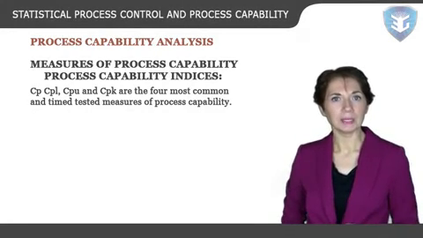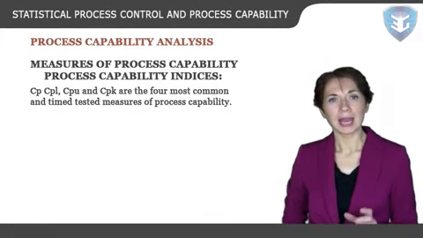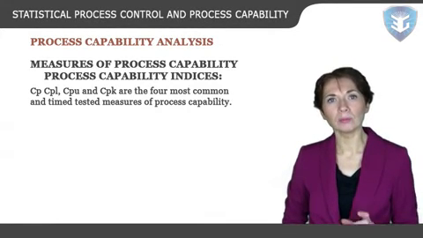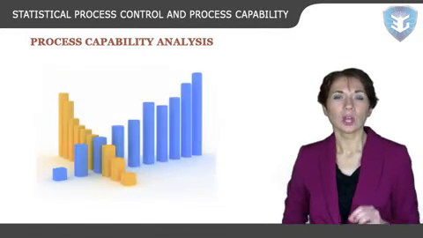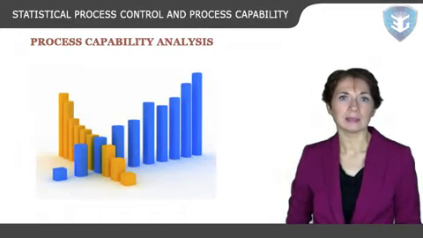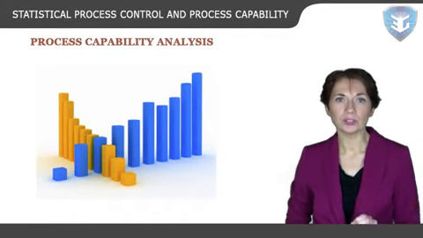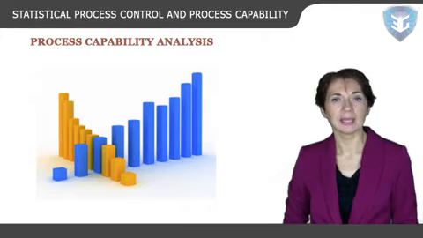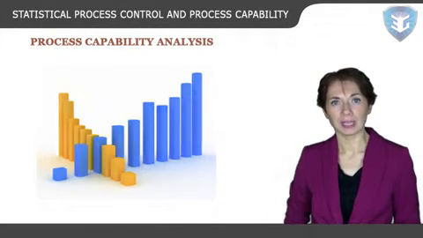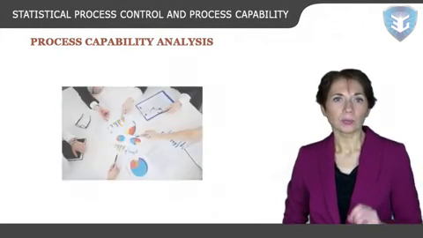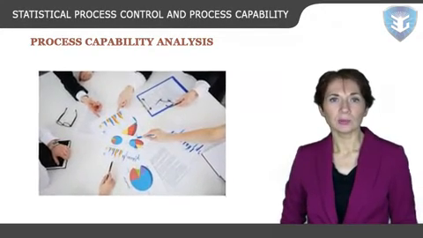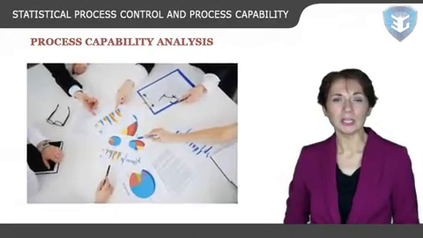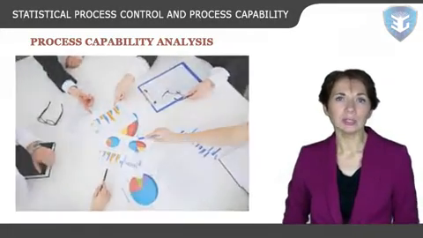CP, CPL, CPU, and CPK are the four most common and time-tested measures of process capability. Process capability indices measure the degree to which a process produces output that meets the customer specification. Process capability indices can be used effectively to summarize process capability information in a convenient unitless system.